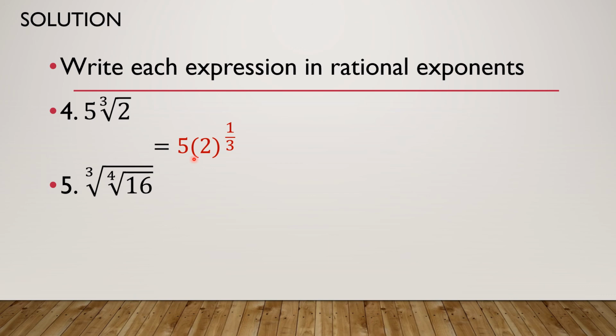Baka kasi pag hindi natin ginamit yung parenthesis, magiging 52 yan. So, mali po yung sagot natin. So, gagamit tayo ng parenthesis para masabi na multiplication din po siya. So, 2, then, exponent ng 2 is 1. Understood na po yan. Then, yung index natin is 3. Siya yung magiging denominator po natin. So, the answer is 5 times 2 raised to 1/3.